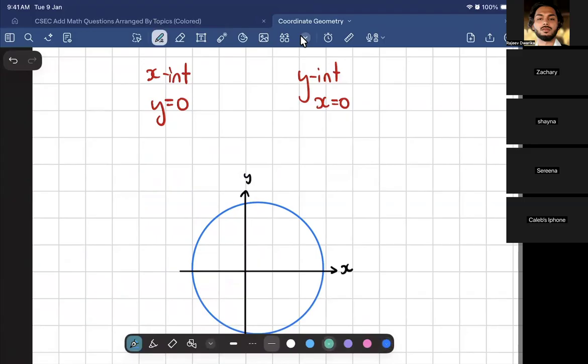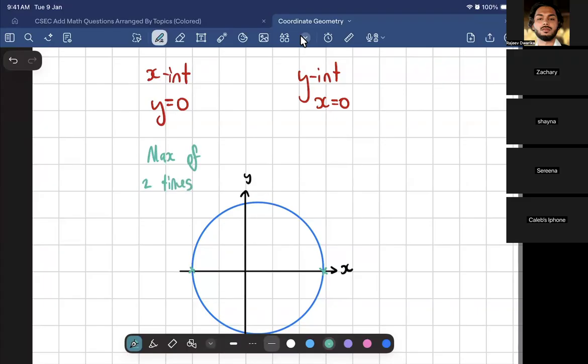Are you all seeing that? The circle cuts the x-axis how many times? Exactly. So when we're talking about a circle in the Cartesian plane, just know that for a circle, it could cut the x-axis a maximum of 2 times.